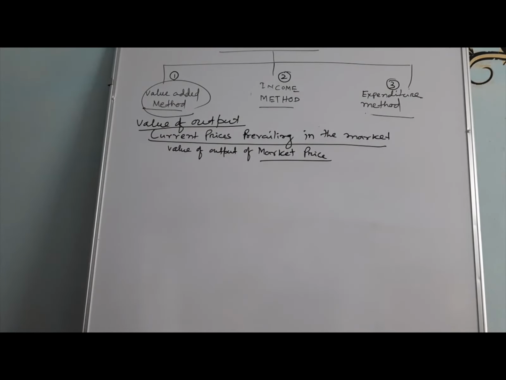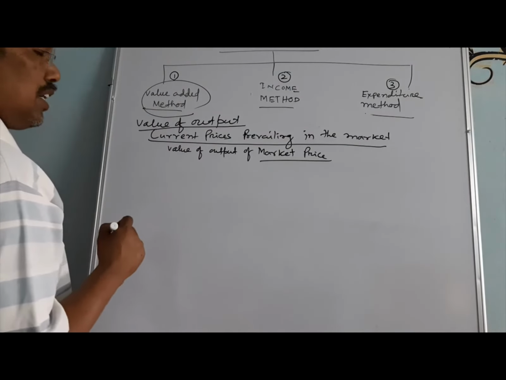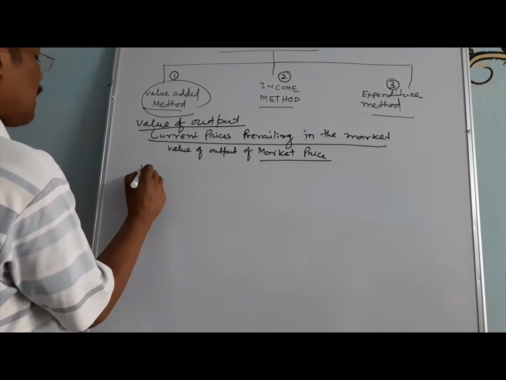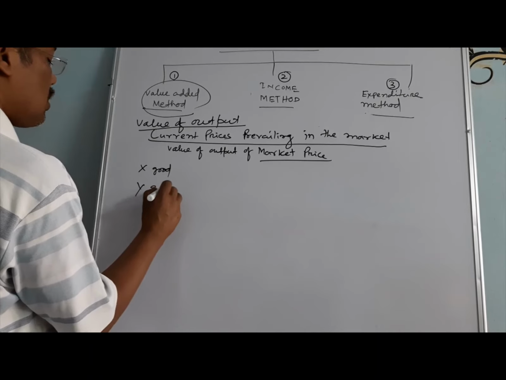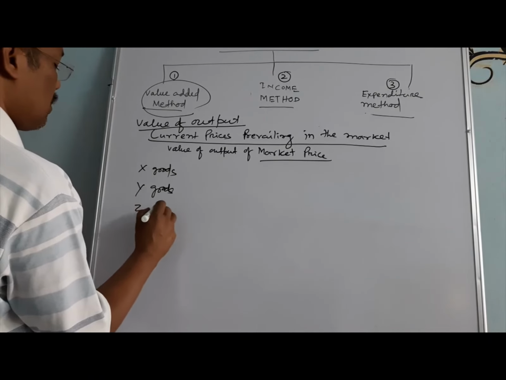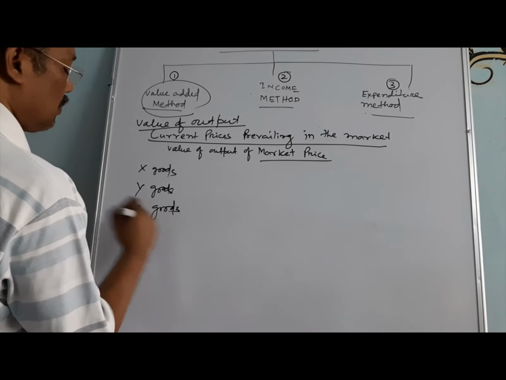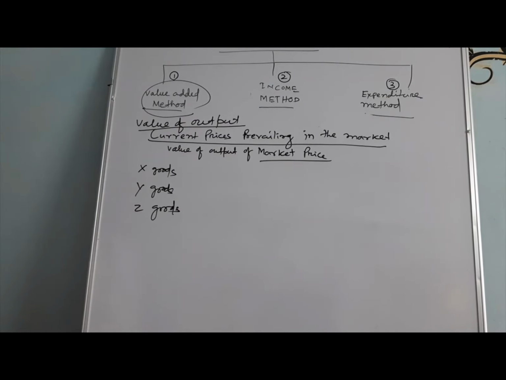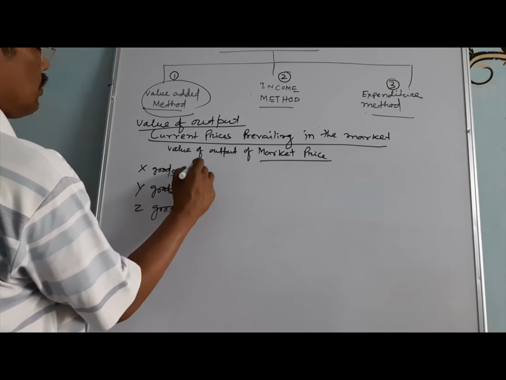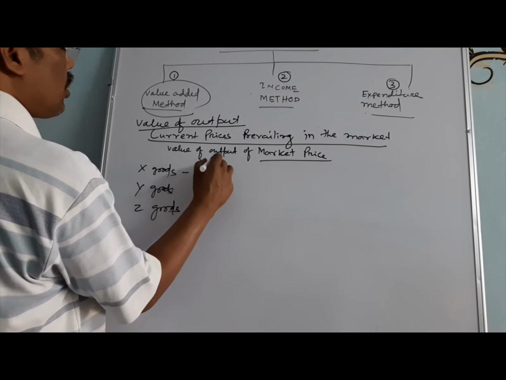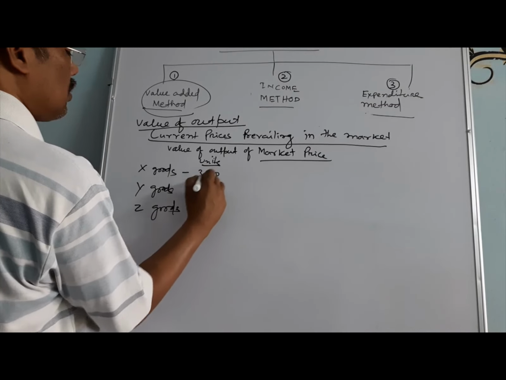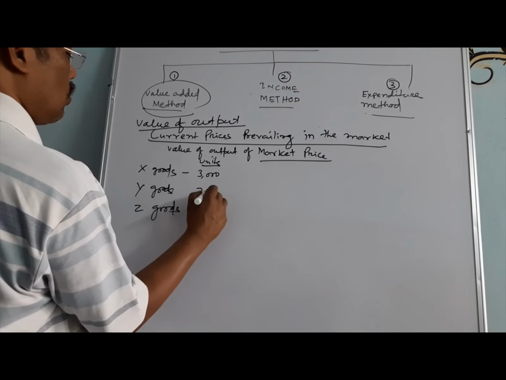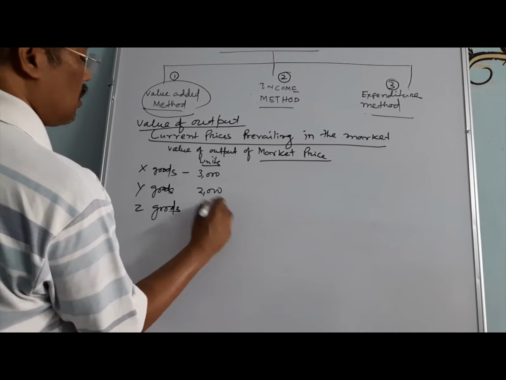So suppose in an economy, in an accounting year, there are three types of books. One is the X type books, another is the Y type books, another is the Z type books. The units of production are 3,000 tons, 2,000 tons and 1,000 tons.